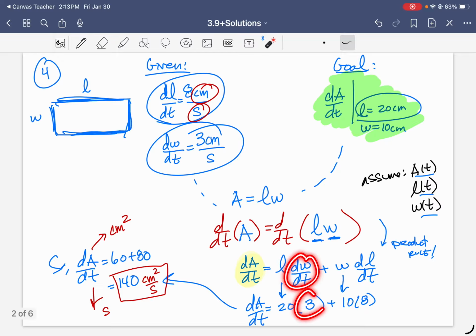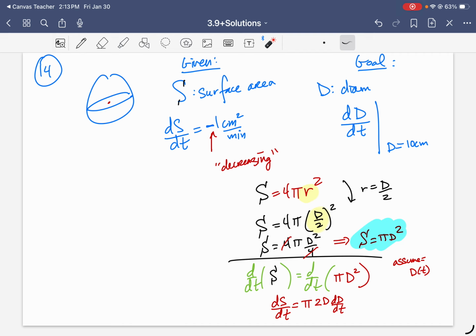Then they tell me that this is 3 and this is 8 from the beginning, and they stop the clock when this is 10 and this is 20. Since the area is in centimeters squared and time is in seconds, when I multiply this out I end up getting 140 centimeters squared every second as the rate of change of the area.